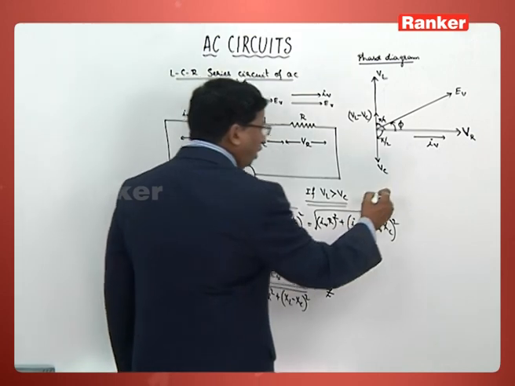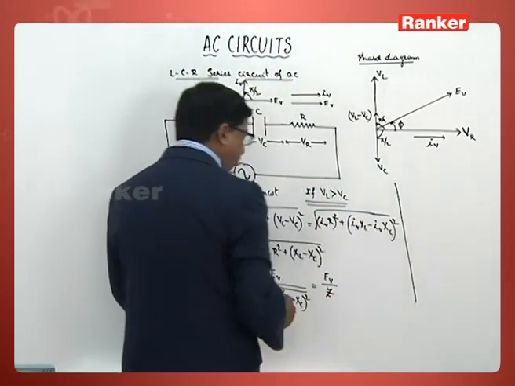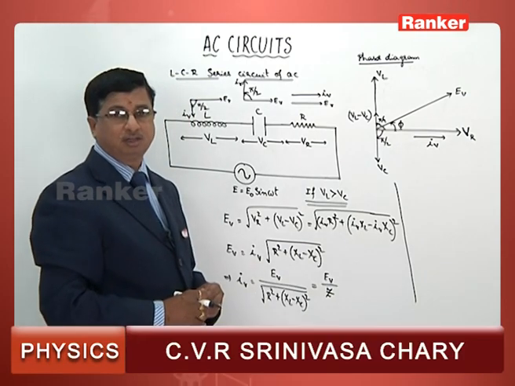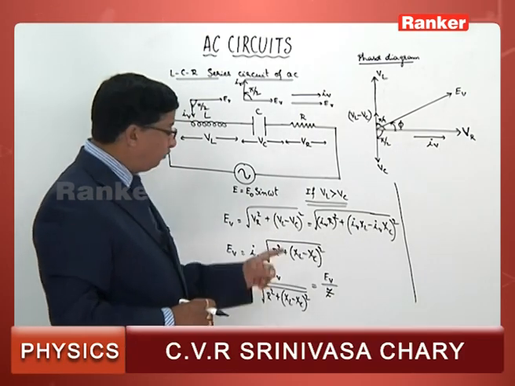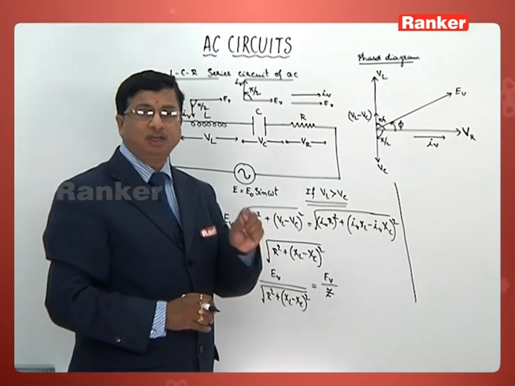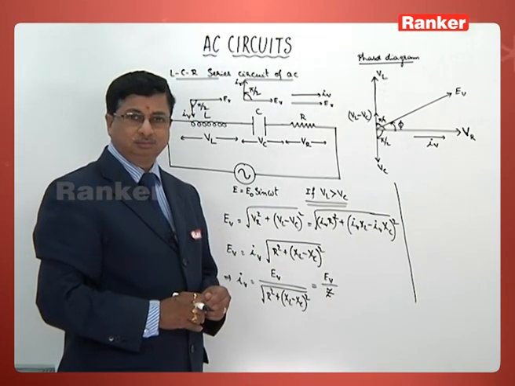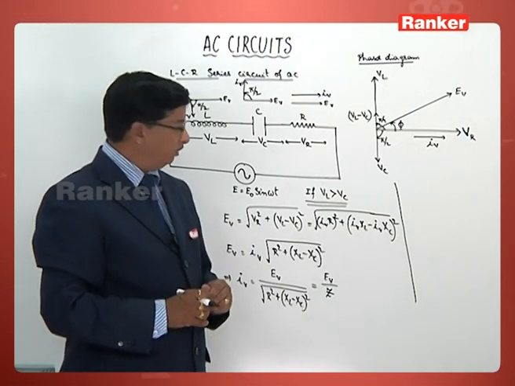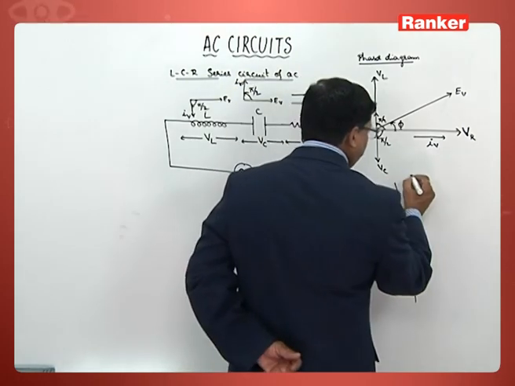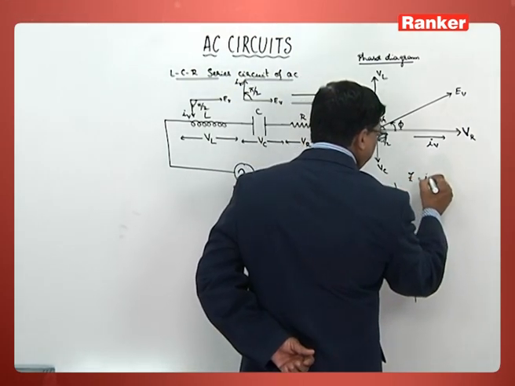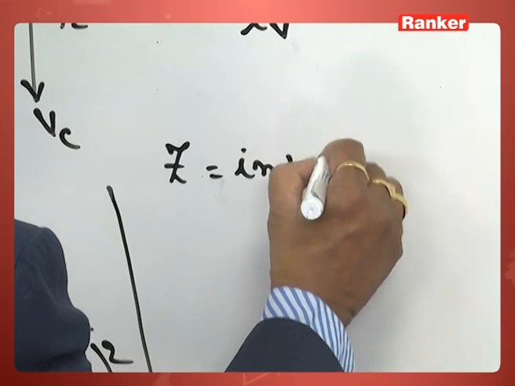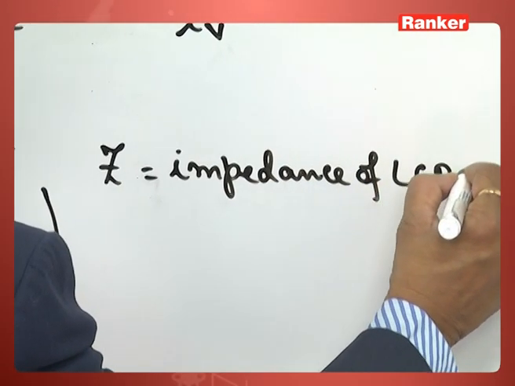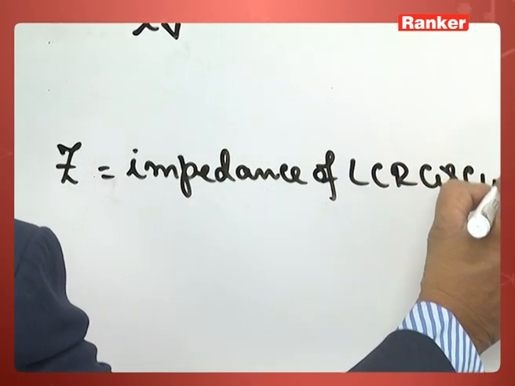What is this Z now to be called? It is to be called as impedance again. Impedance of what? In this particular case, it is impedance of LCR circuit. LCR, all are connected in series. So we can write now Z is equal to impedance of LCR circuit.